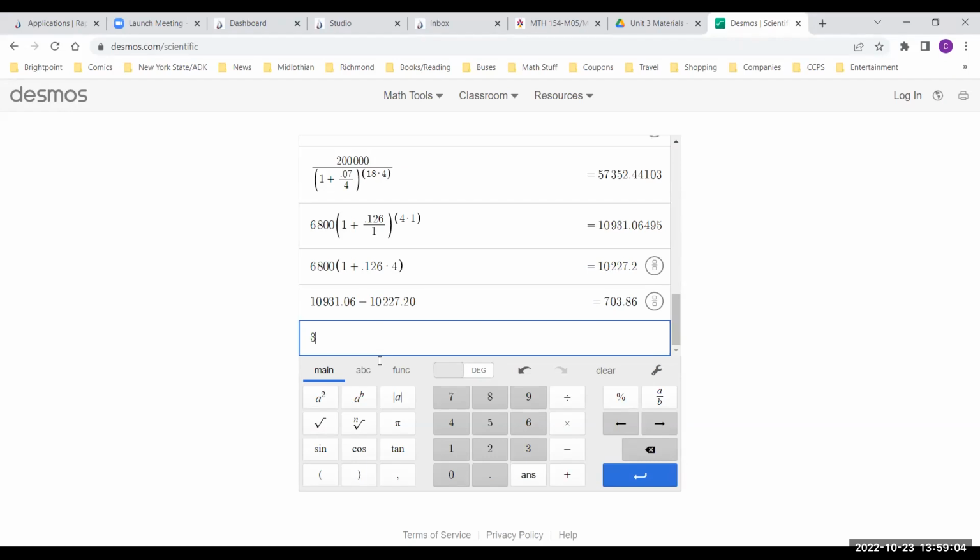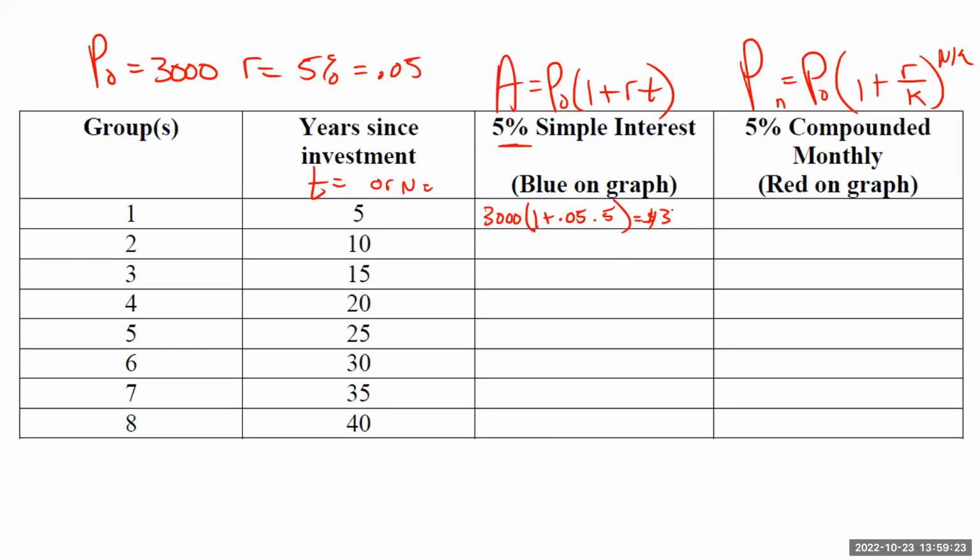So simple interest, 3,000 times 1 plus 0.05 times the number of years, 5. So 5 years later, we have 3,750 in the account.